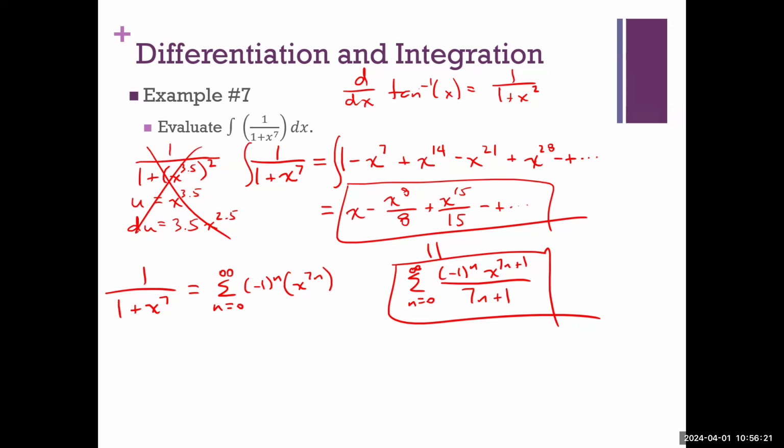Does this work? Should we test a few terms? When n equals 0, does that sigma notation give us the thing we actually want? Looks like it gives you x. What about when n equals 1? Negative 1 to the 1 times x to the 8 over 8. Seems like it works.